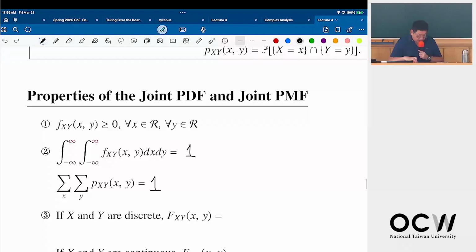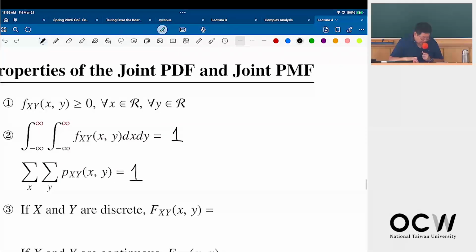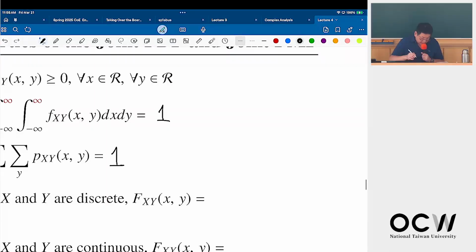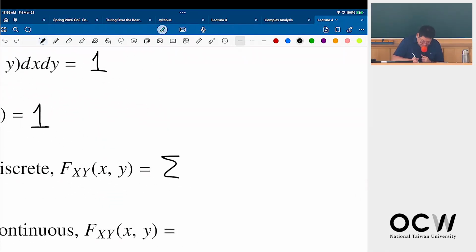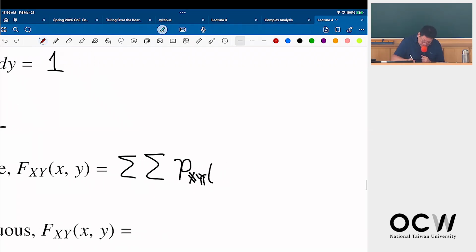If x and y are discrete, then we write the joint CDF of x and y as a double summation of the joint PMF at x prime, y prime, where y prime is less than or equal to y and x prime is less than or equal to x.